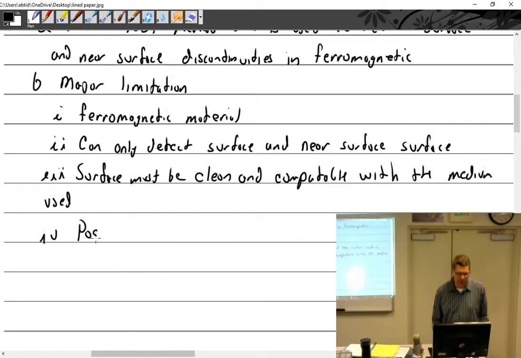Also, possibility of arc strikes. What's an arc strike? When it sparks. What causes that? Improper connection with the pads.